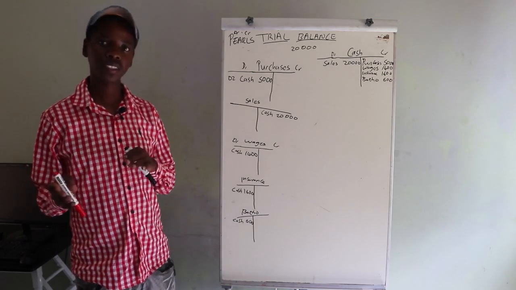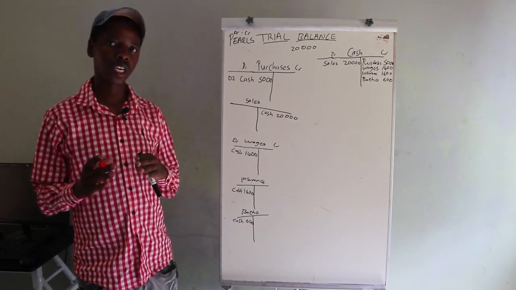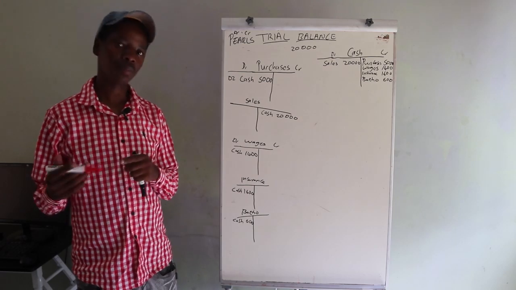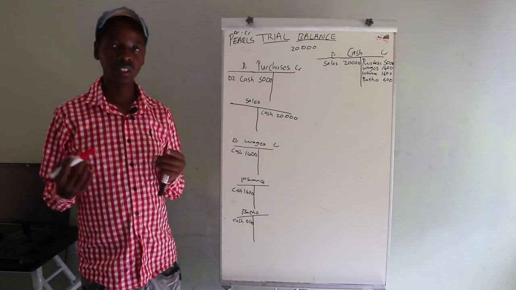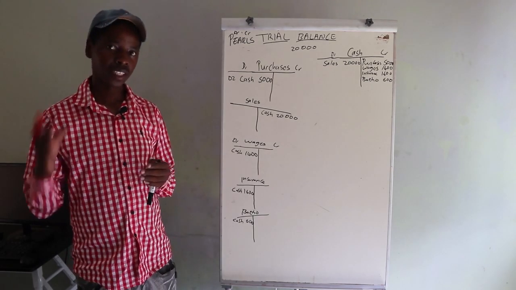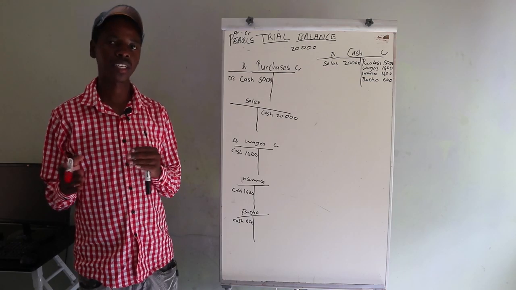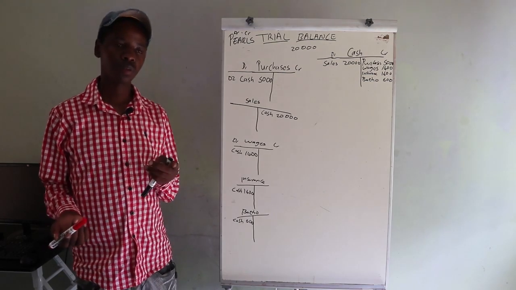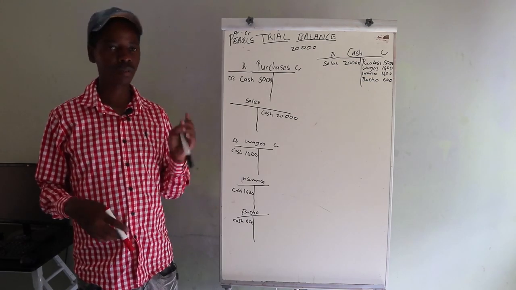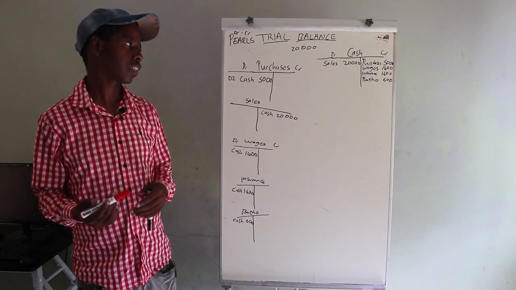Remember, after you balance your account, you are going to take the balance brought down to the trial balance. And another important note is that balance carried down and balance brought down are not supposed to be on the same side, right? When balance carried down is on your right, balance brought down should be on your left. When balance brought down is on your left, balance carried down is on your right.